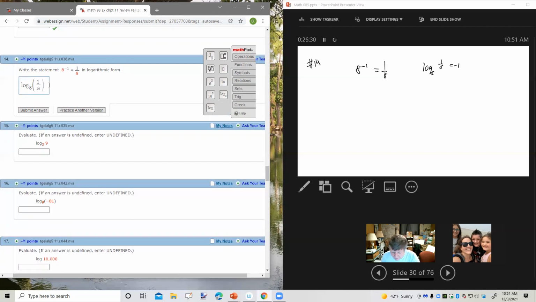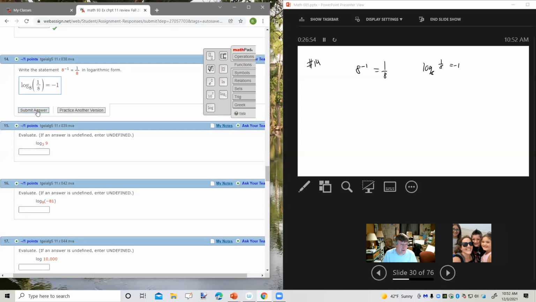I think I need to put a right parenthesis there. Notice how before it was gray, and so I've got to actually put one in there to make it black, and that equals -1.